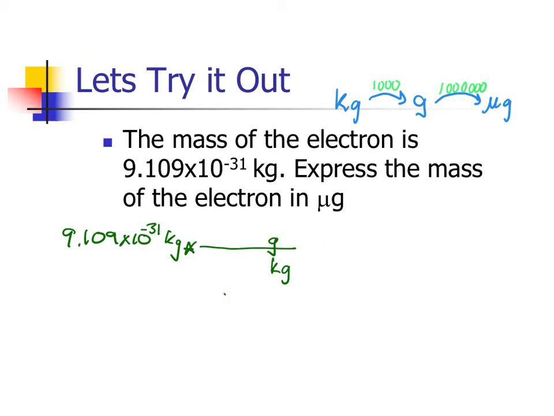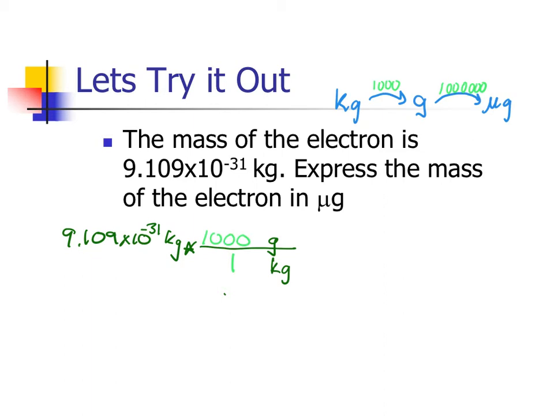Now, I ask myself the question, which is bigger, grams or kilograms? If you're the biggest, strongest, you're usually number 1. Then, how many grams are there in 1 kilogram? There is 1,000.